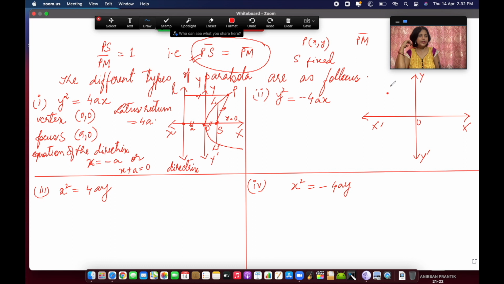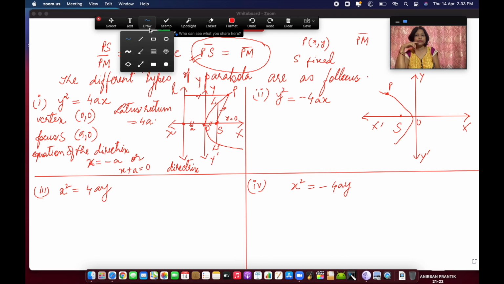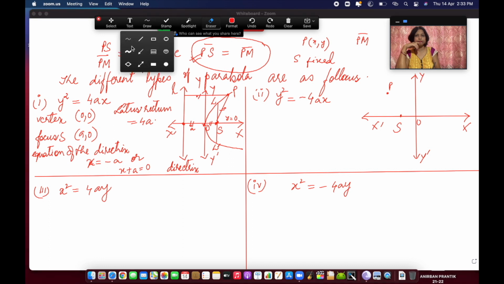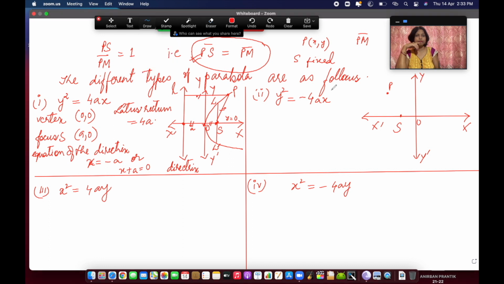We have P as the moving point, S as the fixed point, and the curve will turn towards the negative x-axis. I could not draw a smooth curve, it should be smooth.